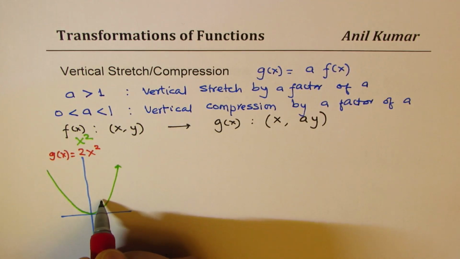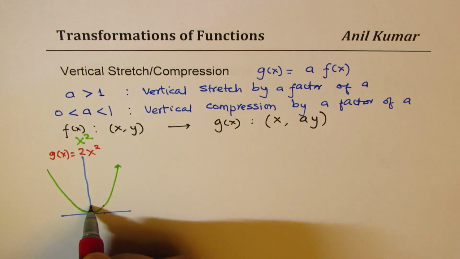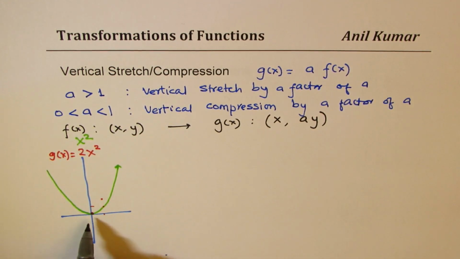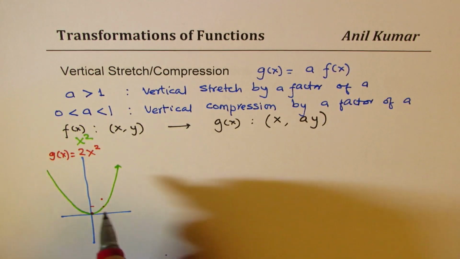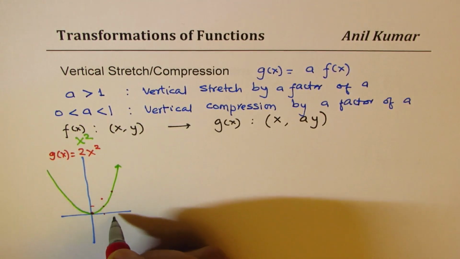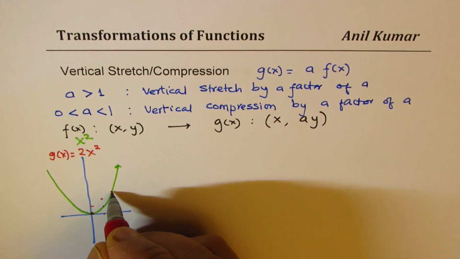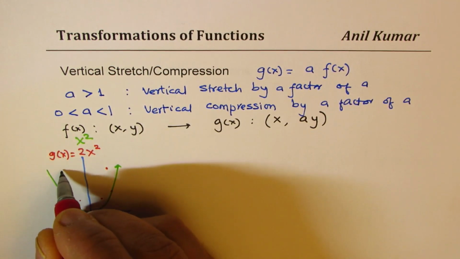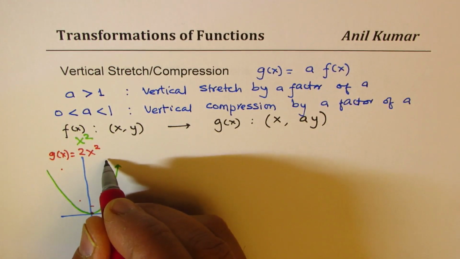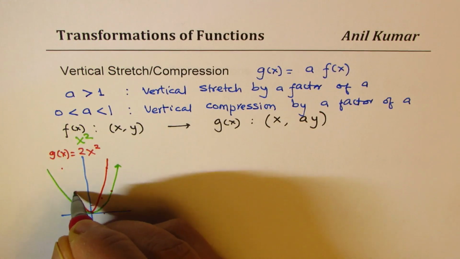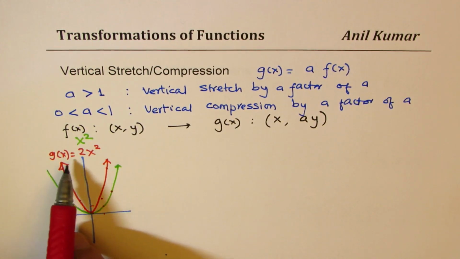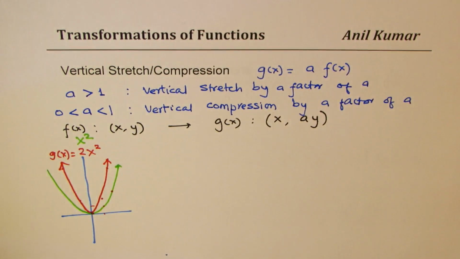Let's say it is 1 here, it will become 2. 0 remains at 0. So 0 is invariant, it will not vary. The point here, let's say 2 squared is 4, it becomes 8. So it gets multiplied. The result will be a stretched graph, kind of like this. That is going to be the graph of 2x squared.